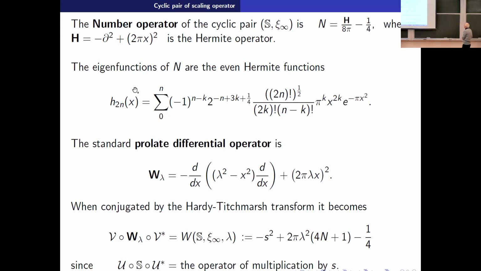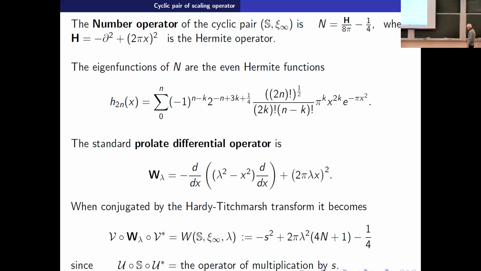So this W lambda, in fact, is exactly what comes out by completing the cyclic pair with a number operator, the cyclic pair being the scaling cyclic pair.